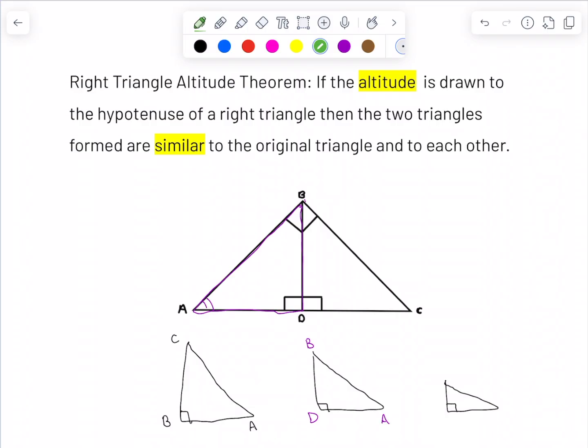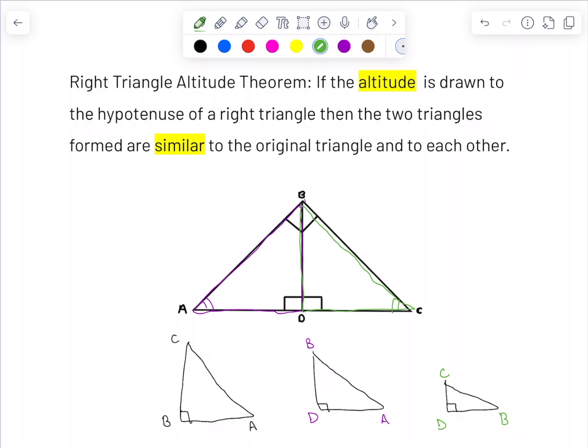Now, for the last triangle, I'll just outline it in green. The right angle is at D. And this triangle shares angle C with the big triangle. So since angle C was at the top when we redrew the big triangle, it's got to be in the same spot at the top when we redraw this small triangle. And then that leaves angle B to be the leftover one over here.